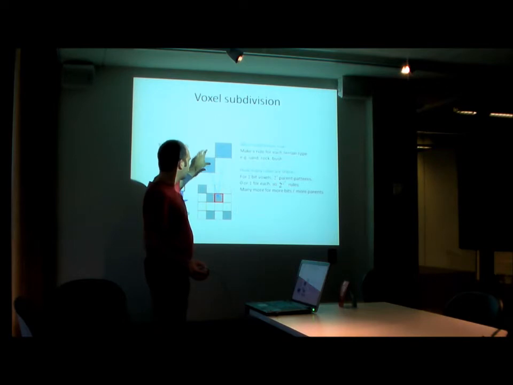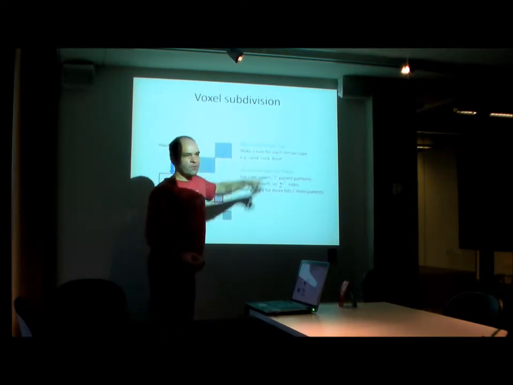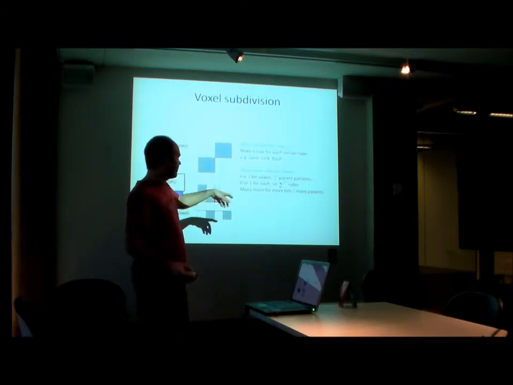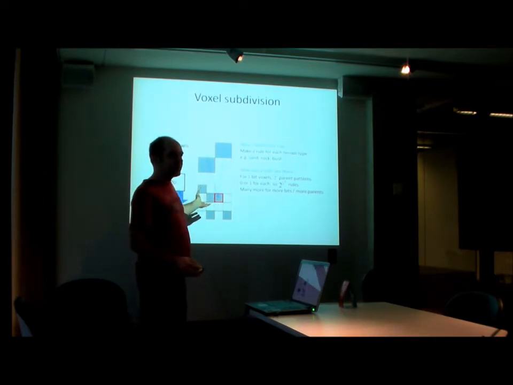And for each pattern, this can be on or off. So in fact, there are 2 to the 2 to the 4 rules. So even in this really simple case, there's already, I don't know, 16,000 different rules that are possible.